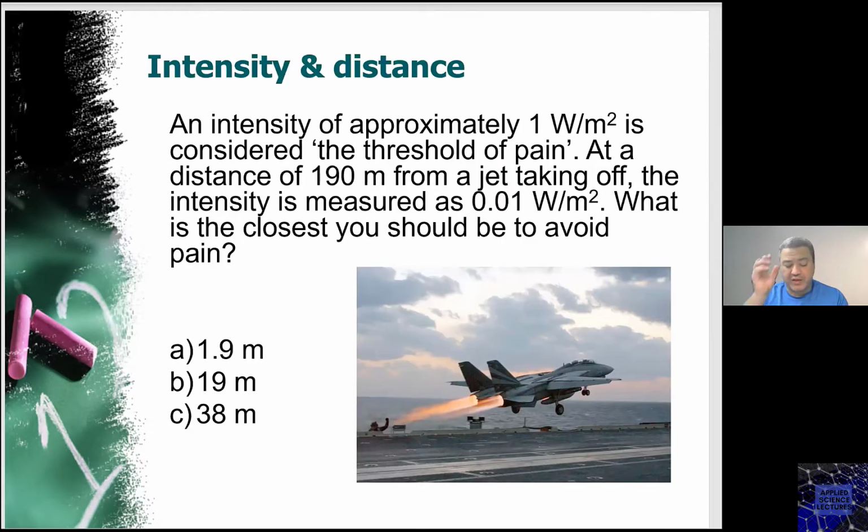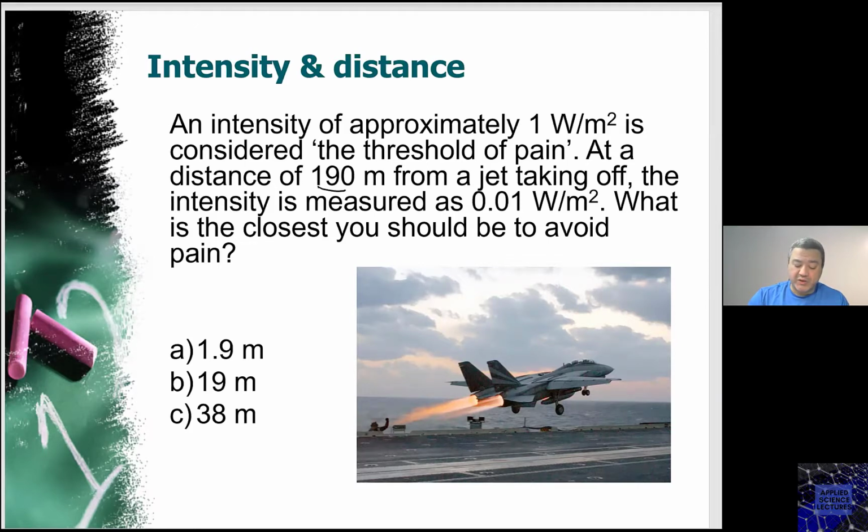So an intensity of approximately 1 watt per meter squared is considered the threshold of pain. At a distance of 190 meters from a jet taking off, the intensity is measured as 0.01 watt per meter squared.